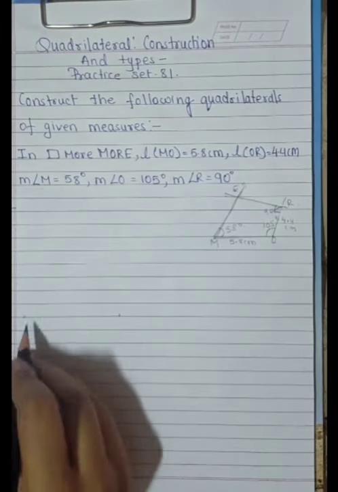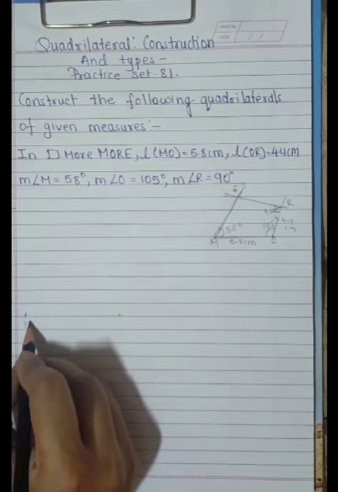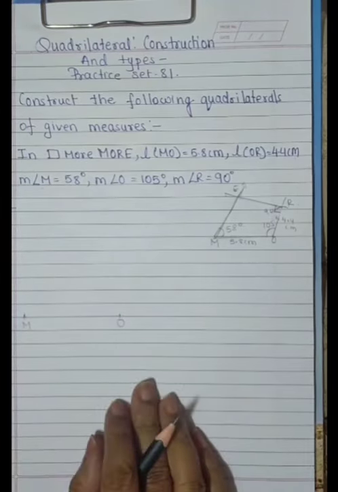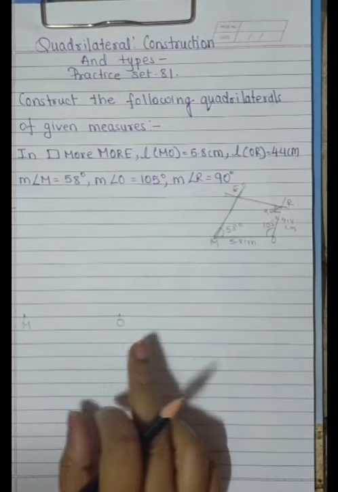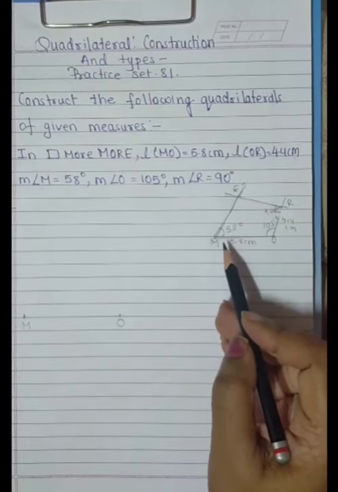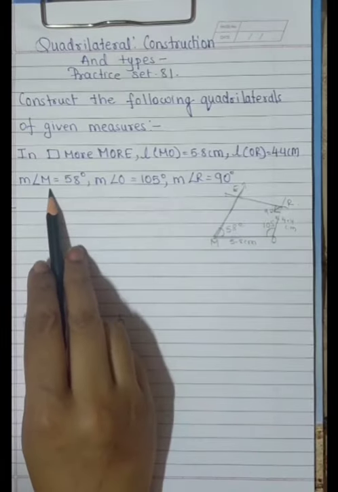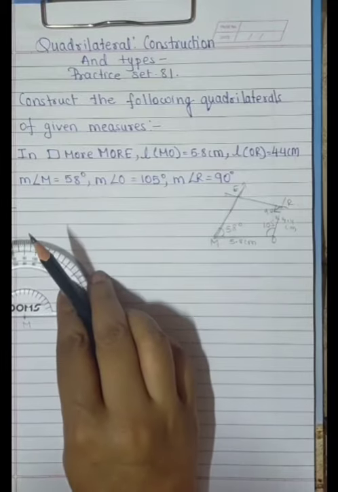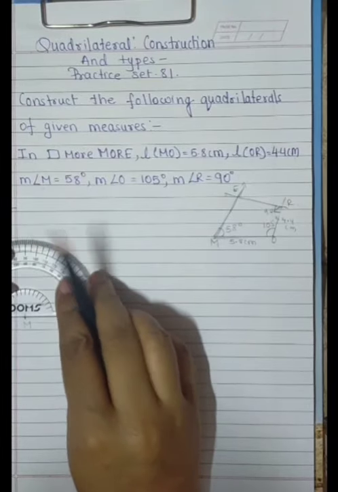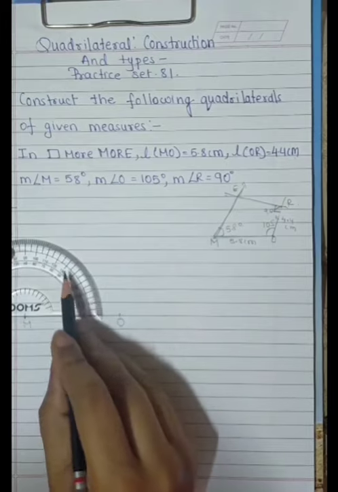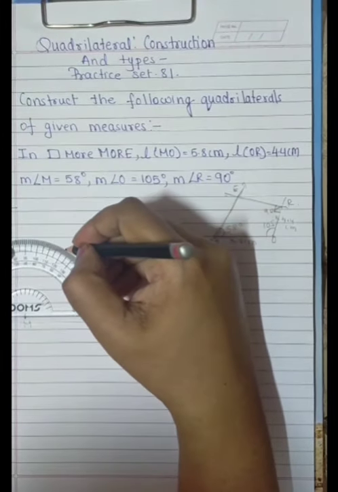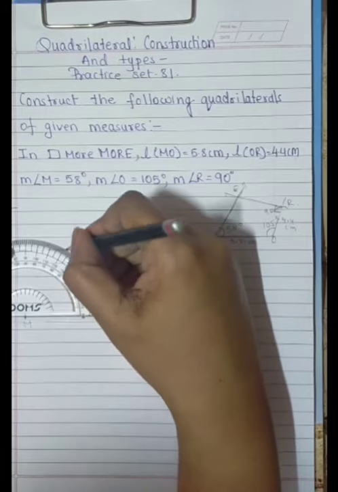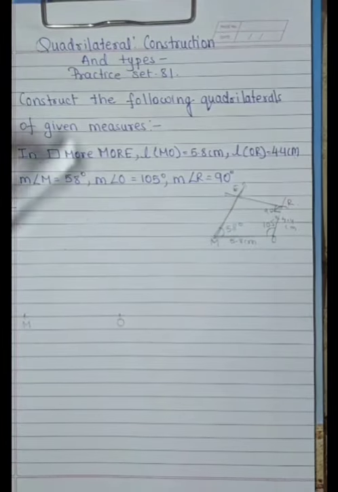Up to here, this is our MO. Now here what is given? Measure angle M is 58 degree. So from here we'll draw 58 degree. I'll join this.